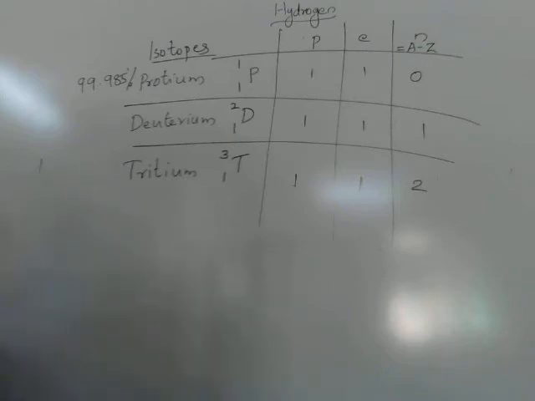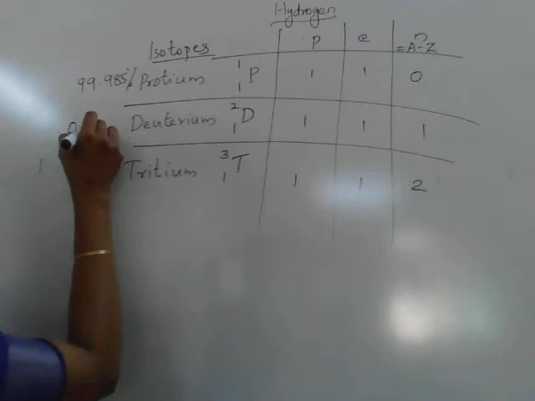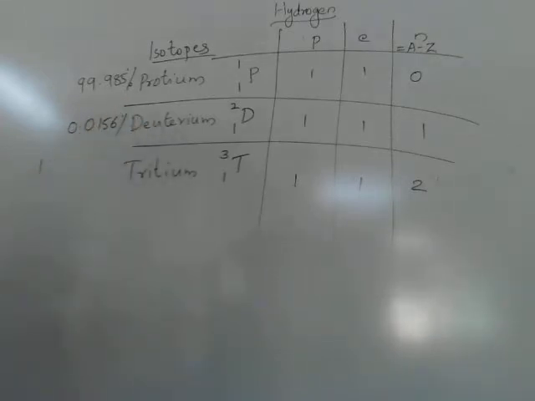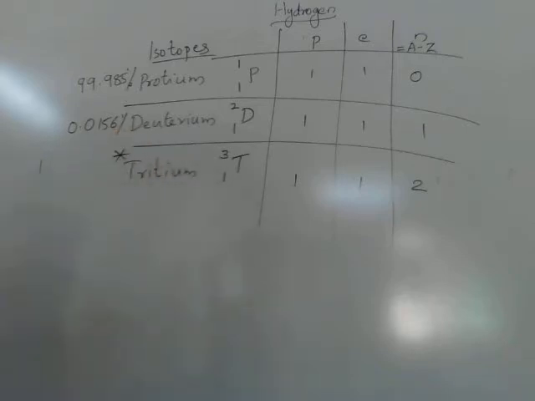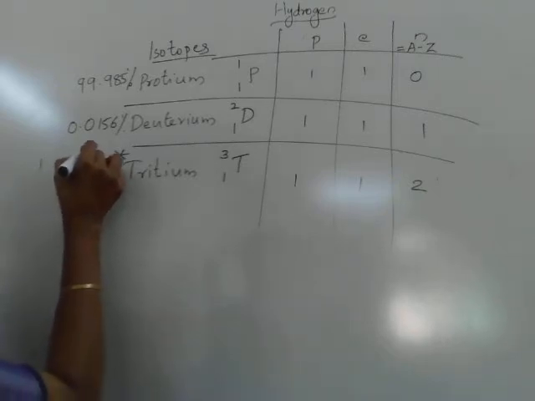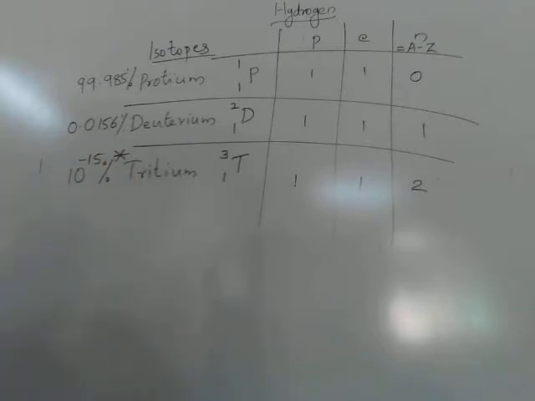The percentage abundance of deuterium and tritium is very low. Deuterium is 0.0156% only. Tritium is the radioactive isotope. Since it is radioactive, its percentage abundance is very little, that is 10 raised to minus 15% only.